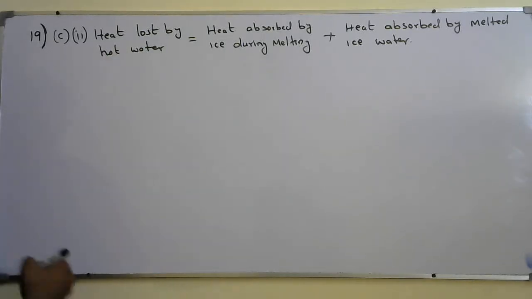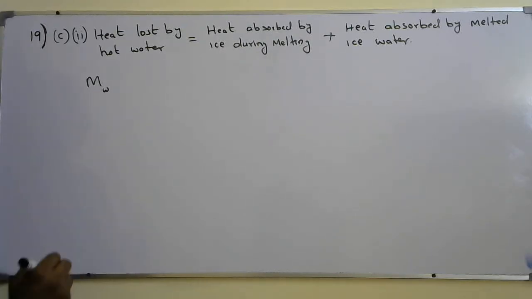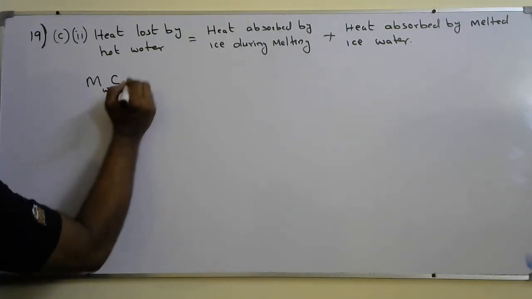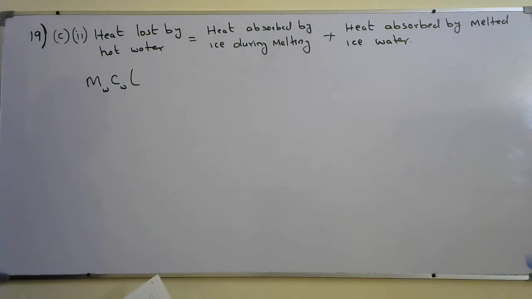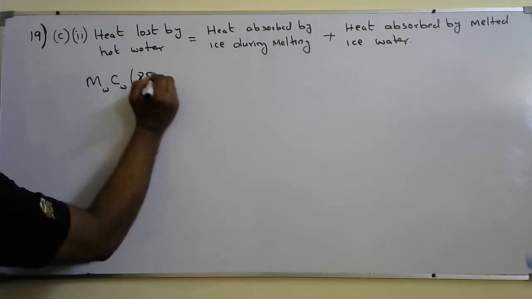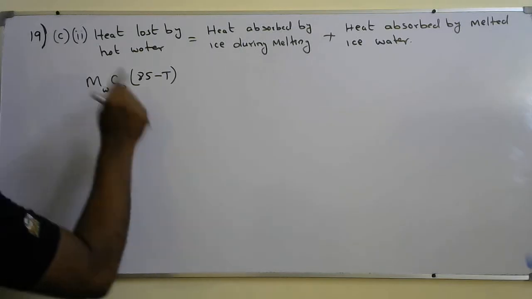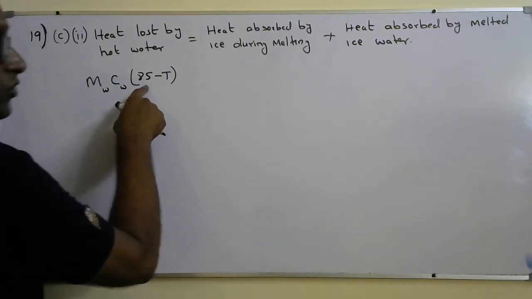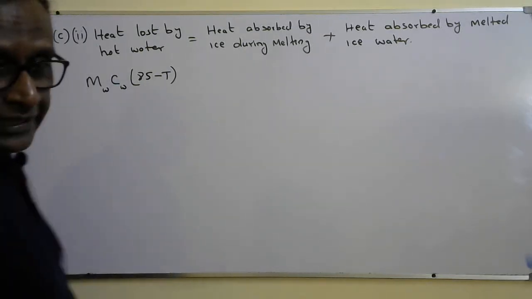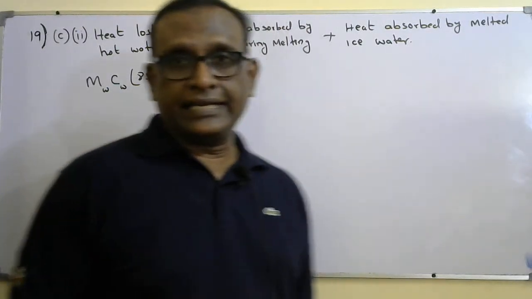So heat lost by hot water, I can say mass of the hot water m_w, c_w. It was initially at a temperature of 85 degrees Celsius. Final temperature we take it T. So 85 minus T. This is the heat lost by hot water, mcΔT. Initially it was at 85, final temperature at steady state I take as T. That is the question, I need to find it.